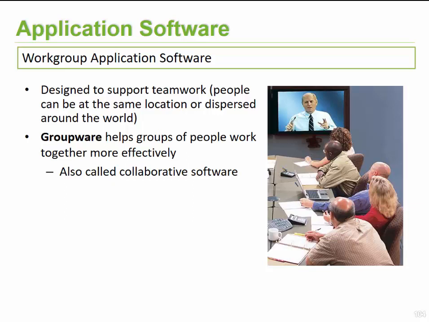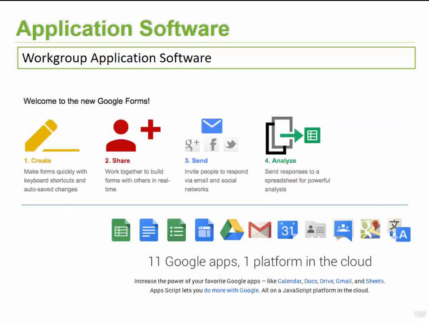Sometimes people refer to it as collaborative software, and examples include what Google offers, where they give you applications that allow you to create documents, databases, spreadsheets, your Google Drive, your Gmail, the calendar, Google Maps, etc. So many people can interact with this software, and you can enable them to share documents and to trace the interaction with such software.